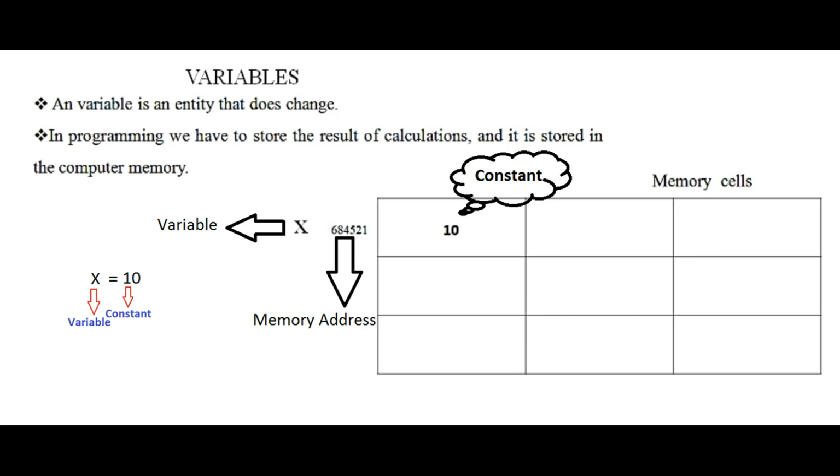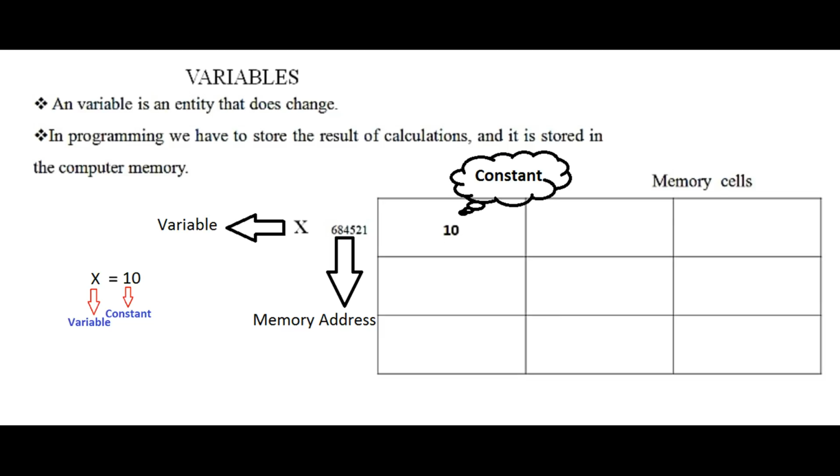And now move on to variables. A variable is an entity that does change, or we can say it does not have a fixed value. In programming, we do some calculations, and the results of these calculations are stored in computer memory.